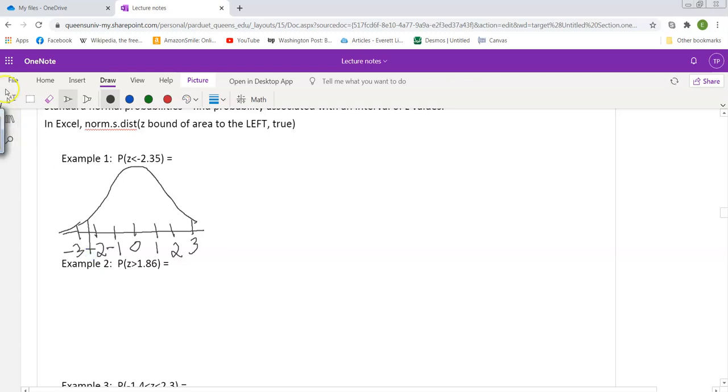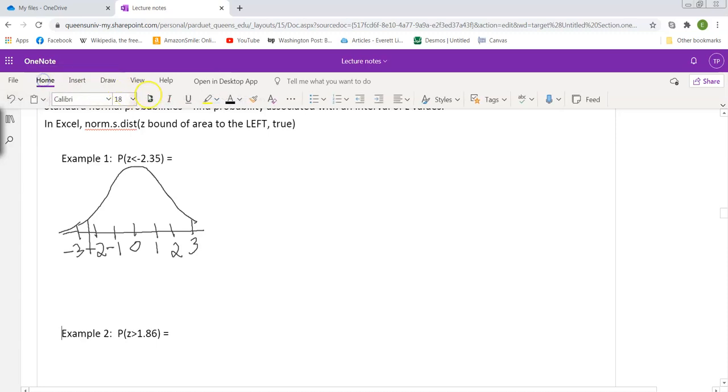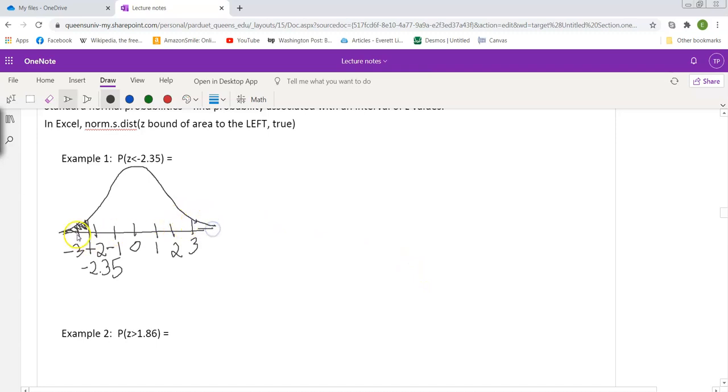Okay, and I'm going to make some more room. So this is -2.35, and we're looking for the area to the left. So I think you can see that's going to be a pretty small proportion of this total area.